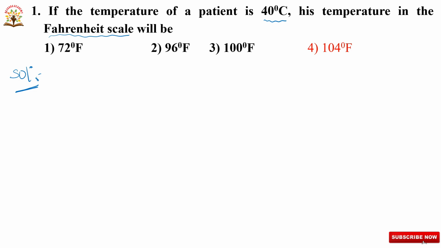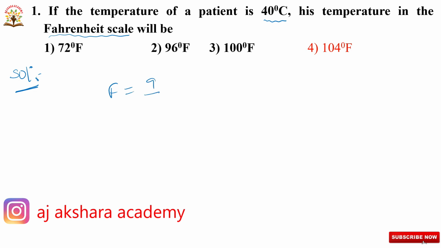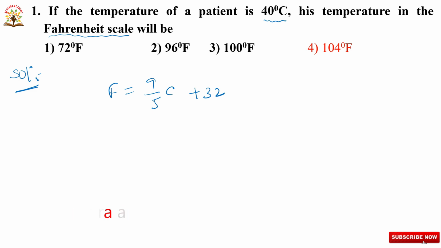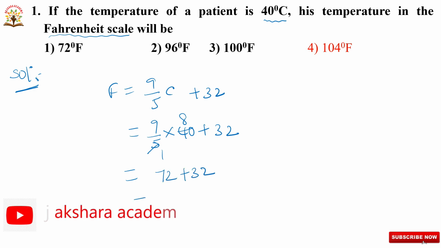The relation between Celsius and Fahrenheit is F is equals to 9 by 5 C plus 32. C they given as 40 degrees. So substituting, 9 by 5 into 40 plus 32. 5 ones are 5, 8 9s are 72, plus 32. 72 plus 32 is 104 degrees.